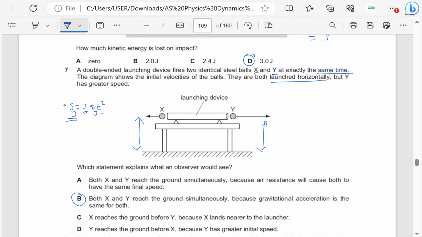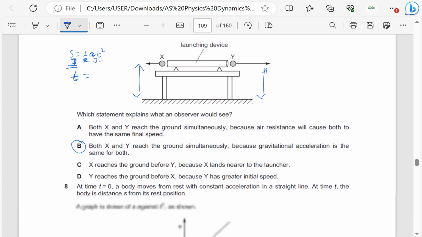If air resistance is negligible, the time they will reach the ground is going to be the same. The time depends on the vertical height, Sy, which is the same for both balls, and on the acceleration due to gravity, which is the same for both balls. So they will reach the ground simultaneously. Both X and Y reach the ground simultaneously.